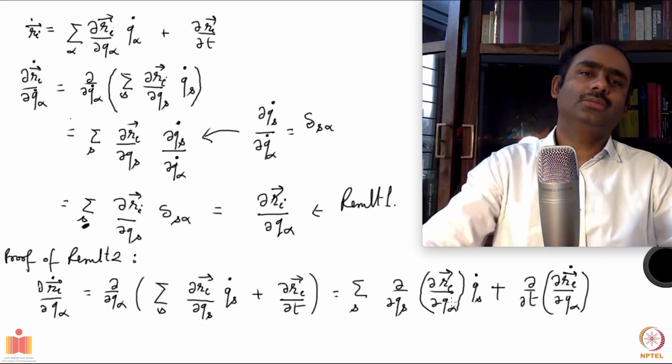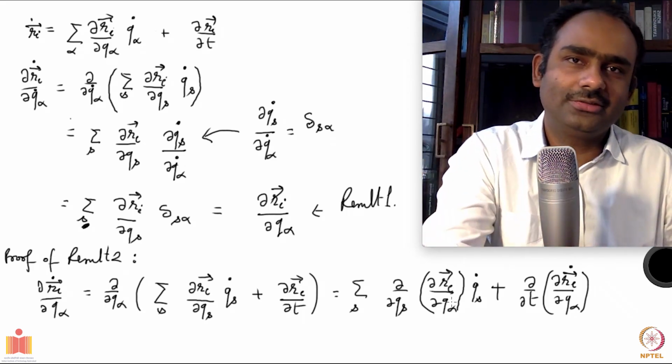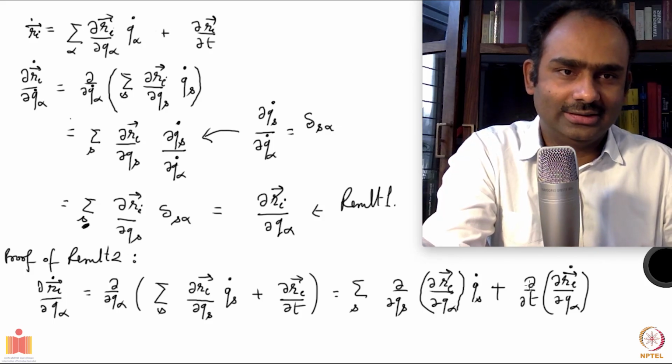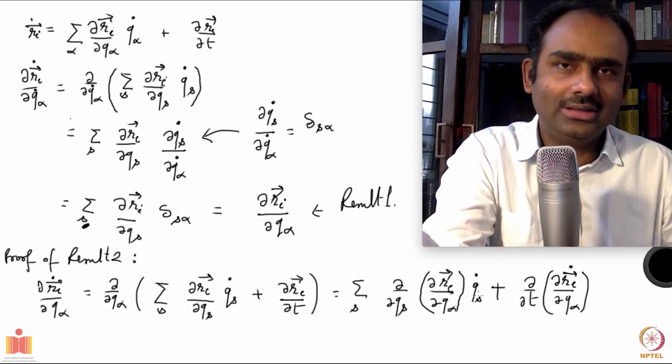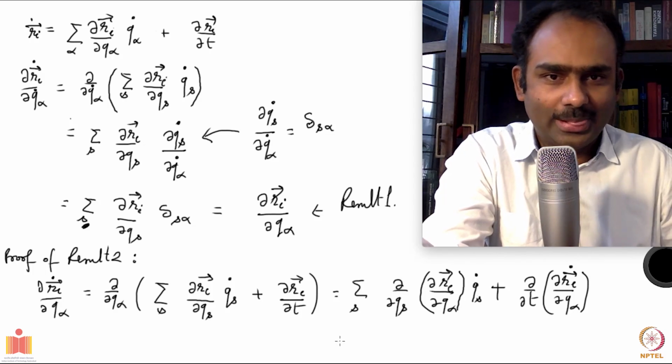And that's what the expression for a total time derivative is: del over del t plus differentials with respect to coordinates times the velocities.